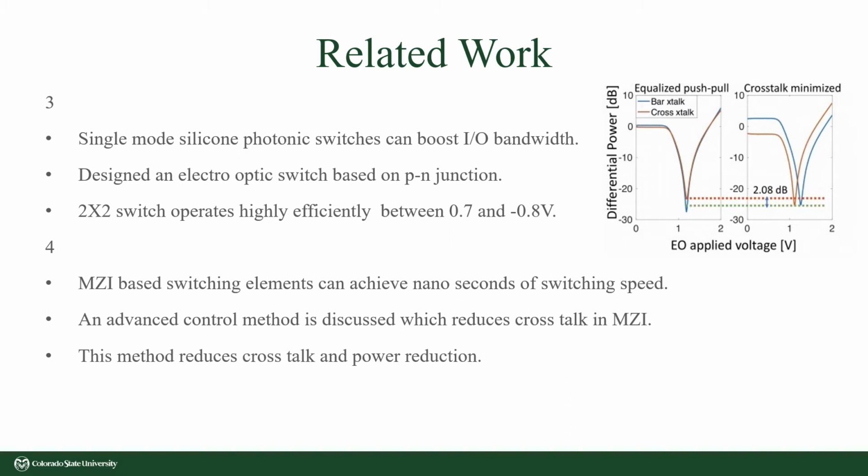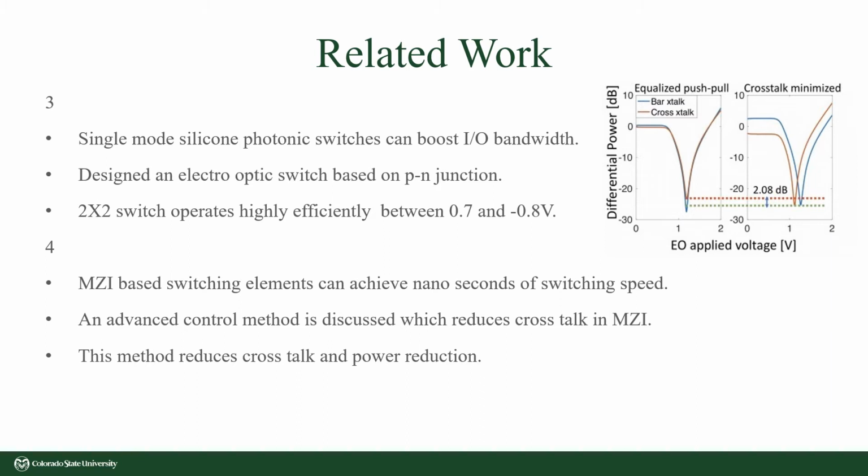In the next one, I learned that Mach-Zehnder interferometers, which are used as switching elements, can achieve nanosecond switching speed, which is great when compared to electrical switching. But the elements that cause crosstalk in MZI are electroabsorption, loss coupler variation, and phase error.